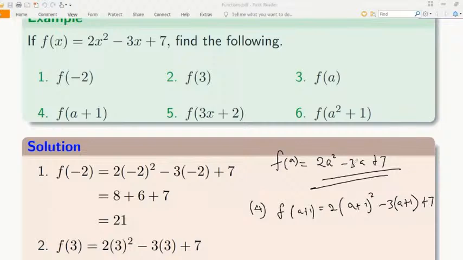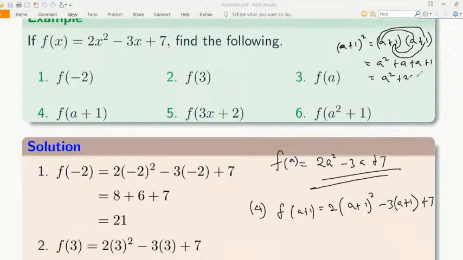We know that a plus 1 squared is the same as a plus 1 multiplied by a plus 1. This one everyone knows. We multiply this to get a squared, then this to get a, then this to get a, then this to get 1. And so this will give me a squared plus 2a plus 1.